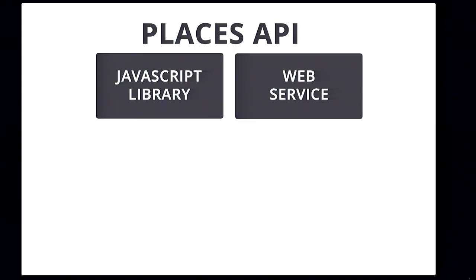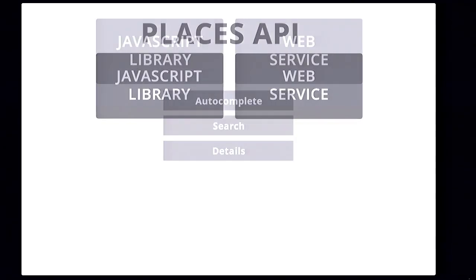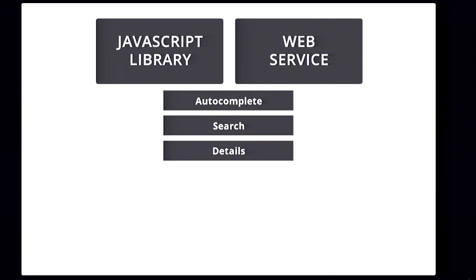One, as a JavaScript library that's part of the Google Maps JavaScript API. And the other way is as an HTTP-based web service that accepts GET and POST requests. Now, both of these elements of the API share some common features. And we'll touch on these as we walk through the application that we designed.